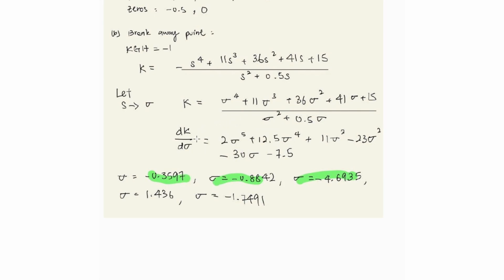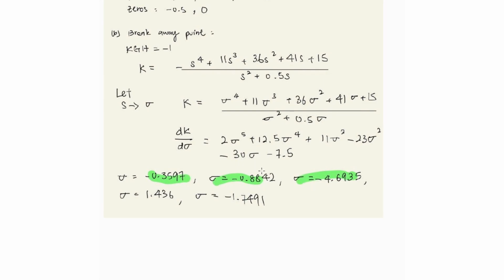After that we differentiate dK over d sigma, and we get 2 sigma to the power 5 plus 12.5 sigma to the power 4 plus 11 sigma cubed minus 23 sigma squared minus 30 sigma minus 7.5.